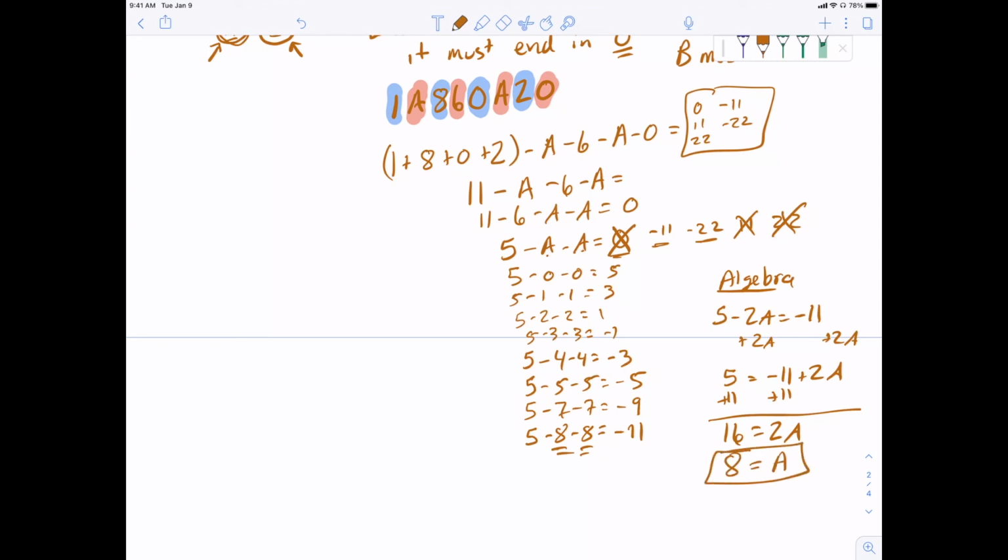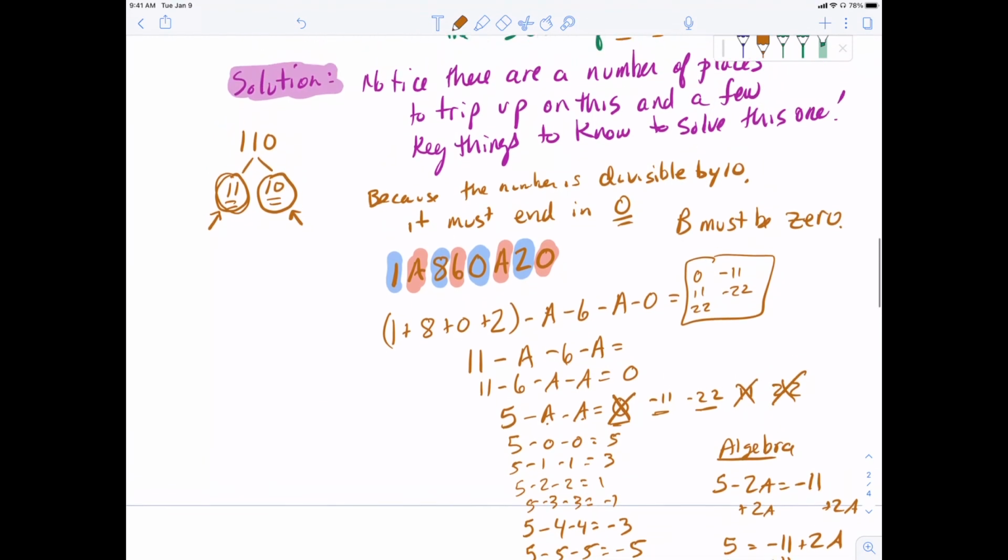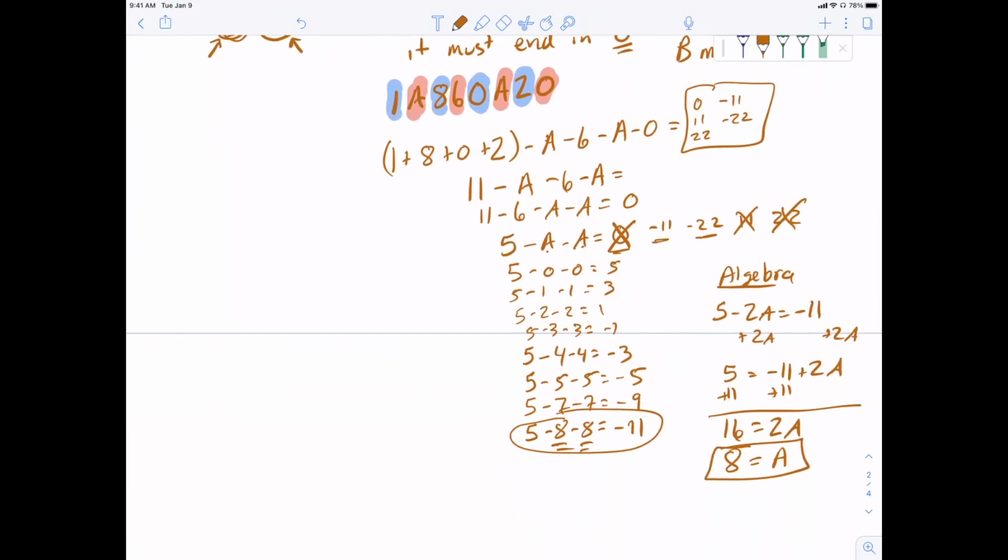If you know algebra, then that's cool, but otherwise, you can do it this way too. So I know that A must be 8, so if A equals 8 and B equals 0, then my number is 1, 8, 8, 6, 0, 8, 2, 0.